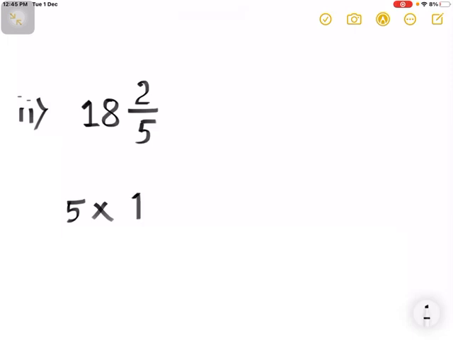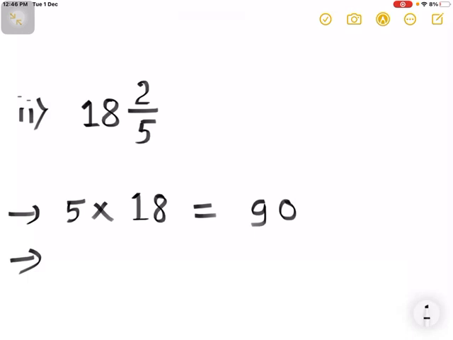In question number 2, what is given here? 18 is the whole part, 18 2 by 5. This means 18 is the whole part, and out of 5, 2 parts are taken. Now let's add. First step, multiply the denominator with the whole number: 5 8s are 40, 5 1s are 5, 5 plus 40 is 90.